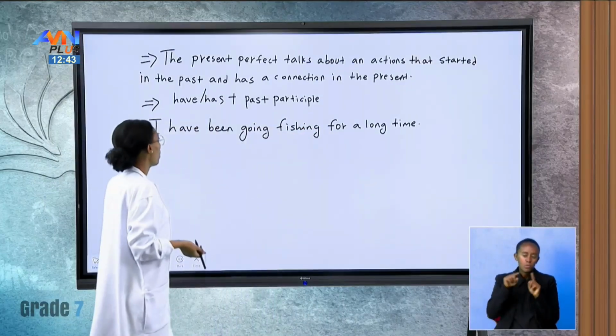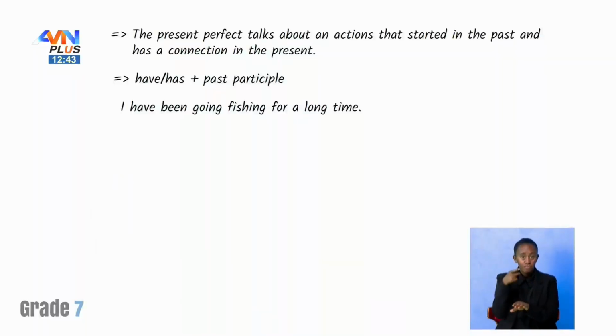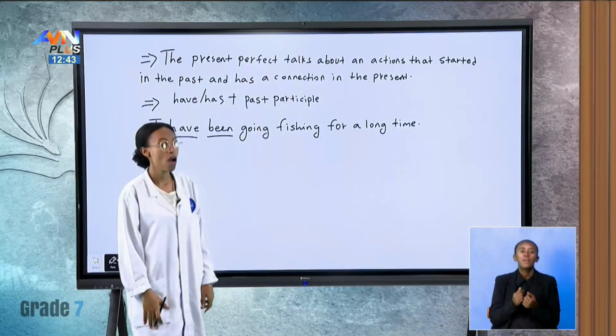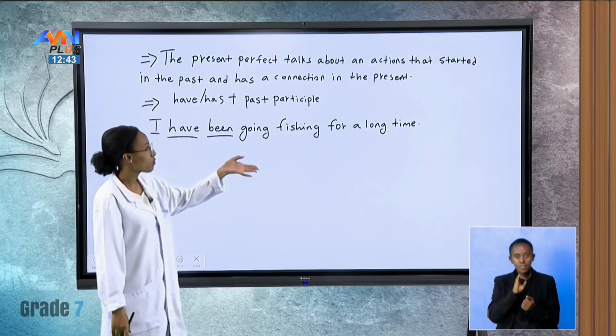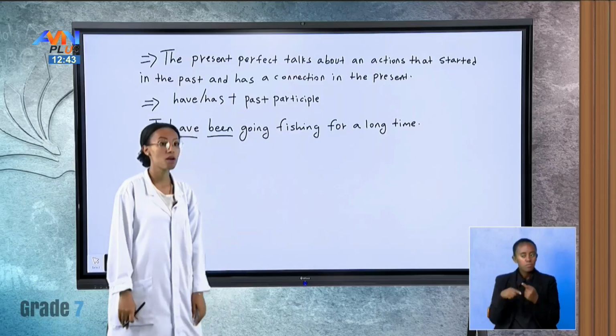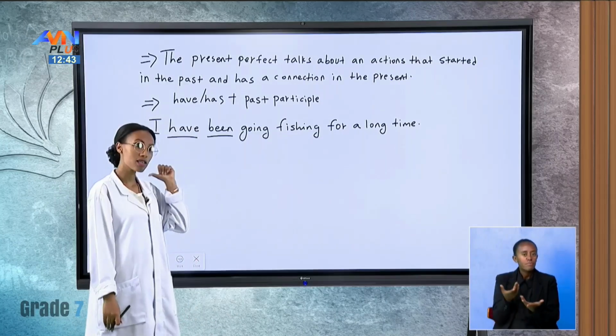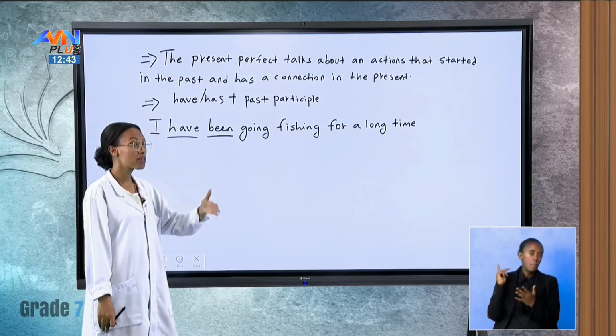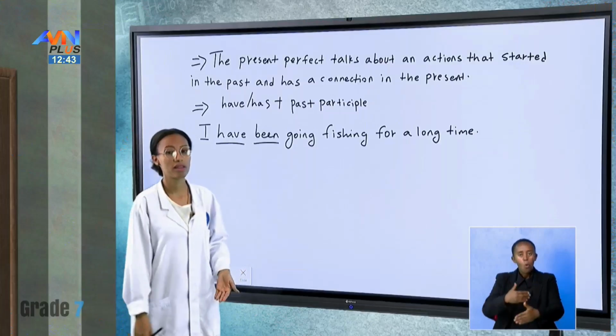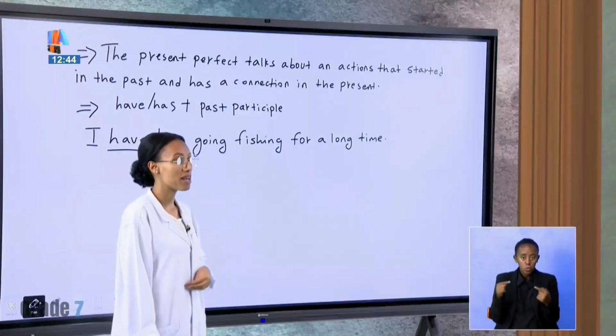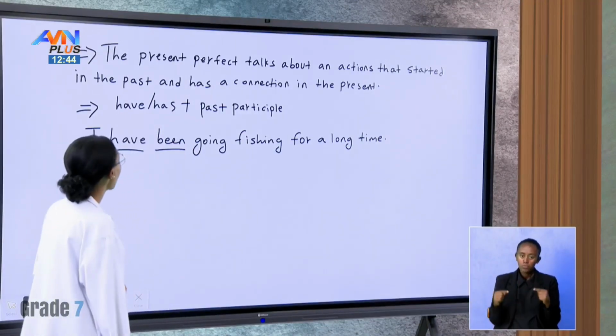Have, again, we have here, and we have been, the past participle form of be, and going fishing for a long time. So this is something that started in the past, but it is ongoing. It is related to the present tense, and that is how we form the present perfect tense.